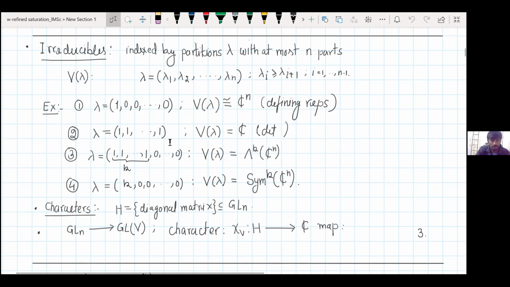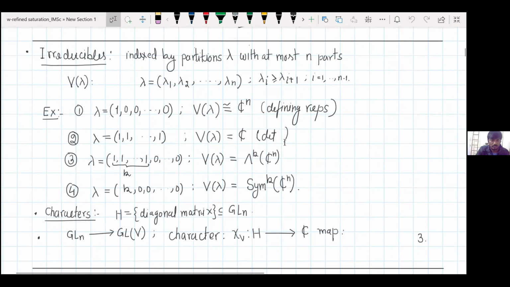If all components are 1, then V lambda is C, the determinant representation. And if k entries are 1 and the others are 0, then it's the wedge k, and similarly there is the symmetric power.